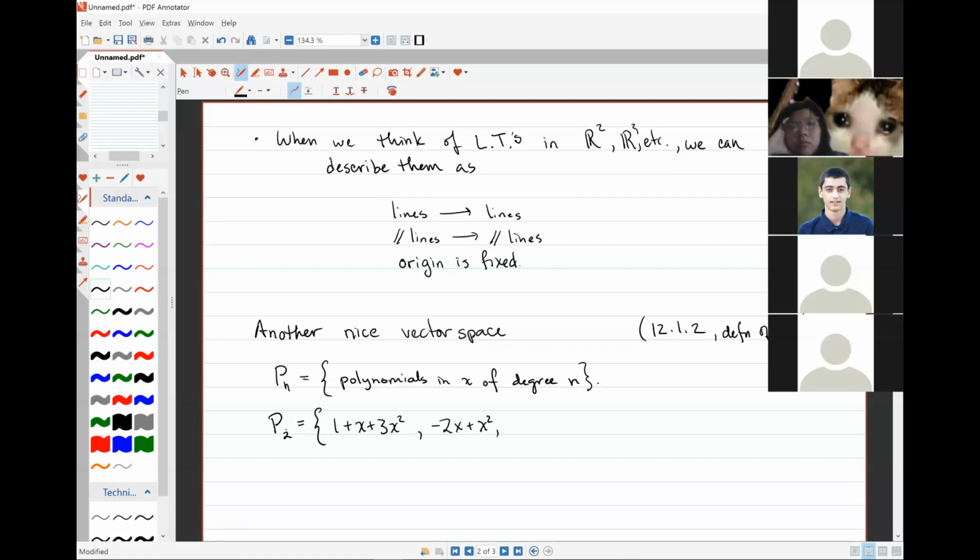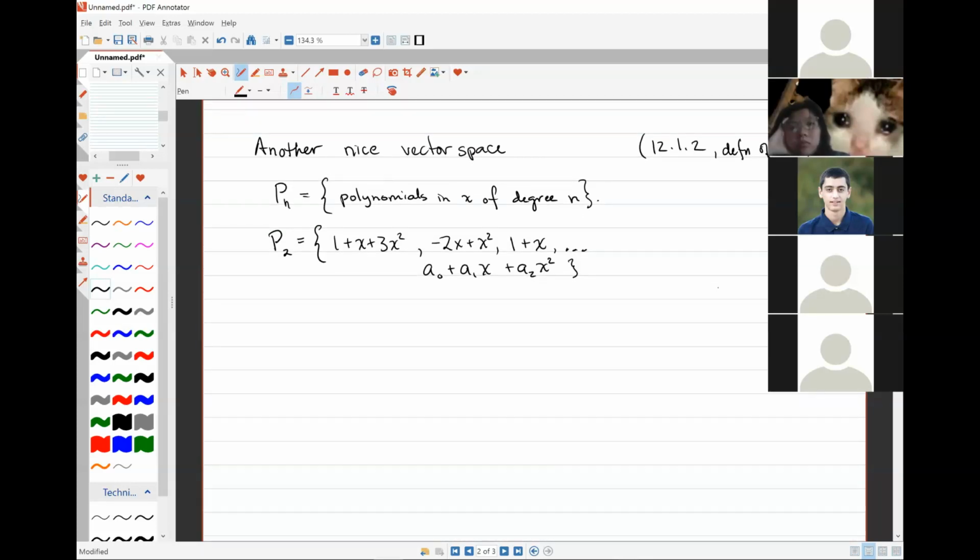Right, these are all the polynomials of degree 2. And degenerate cases are included as well. So like 1 plus x, that's a polynomial of degree 2. Right? Basically anything that looks like a0 plus a1x plus a2x squared is going to be in P2.